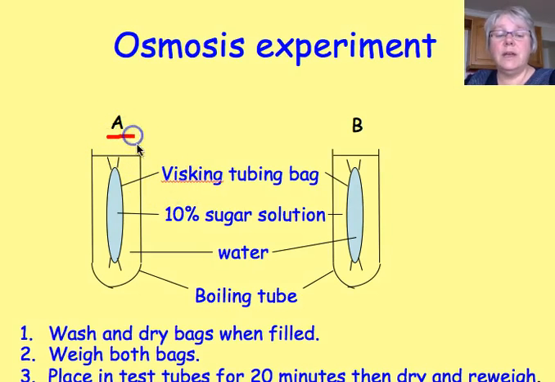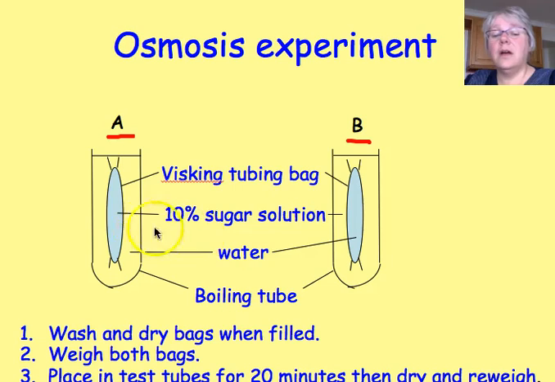In test tube A, inside the Visking tubing bag we've got a 10% sugar solution, and outside of the Visking tubing bag we've got a water solution. In test tube B over here though, the 10% sugar solution is on the outside, and the water is on the inside of the Visking tubing bag.